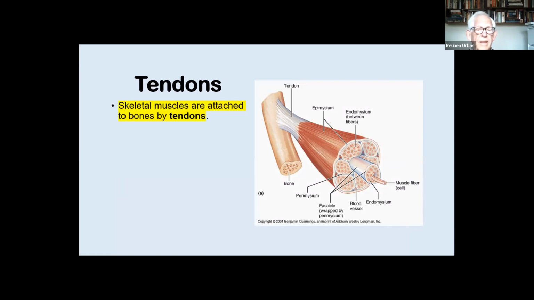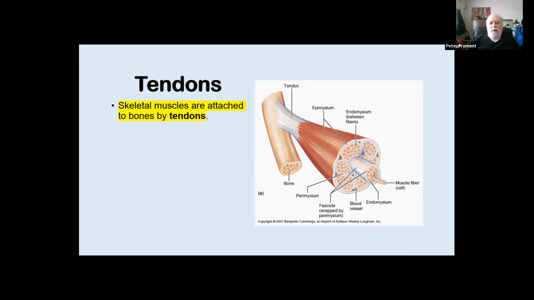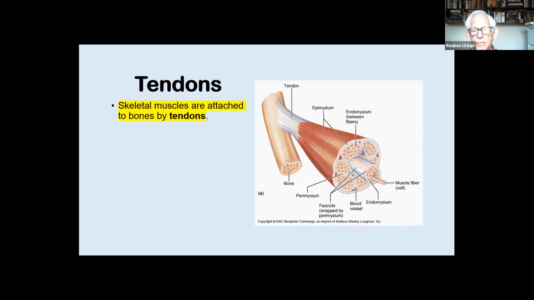So, oh yes, the tendons. So here you've got the muscle, and somehow you've got to be able to attach a muscle to the bone, because you want to move the bone, and you need a connection which is strong enough to lift the weights that you may want to lift.